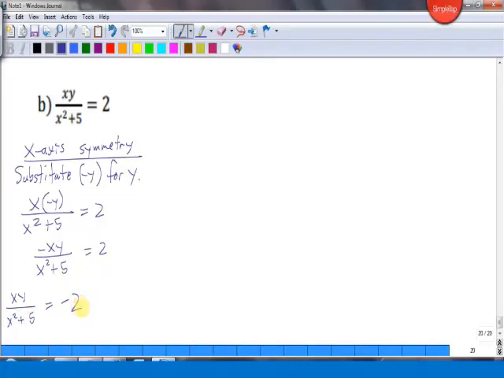How about if we take the fraction and multiply both the numerator and denominator by negative 1? Does that make it identical to the original? No. So there are some algebraically legal procedures that we can try here, but none of them really work. So again, the answer is no. The graph of this equation does not have x-axis symmetry.